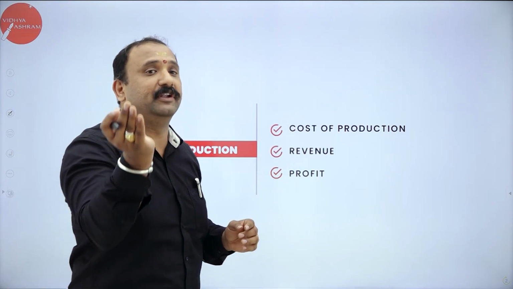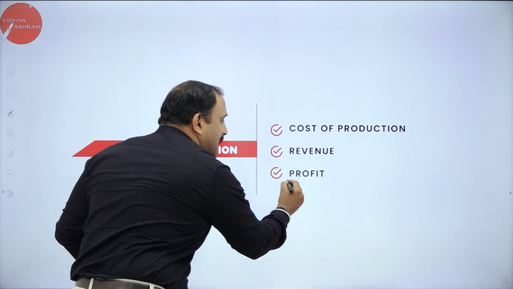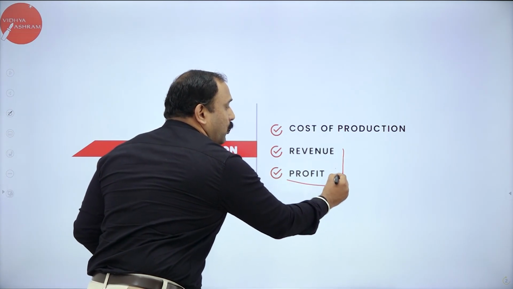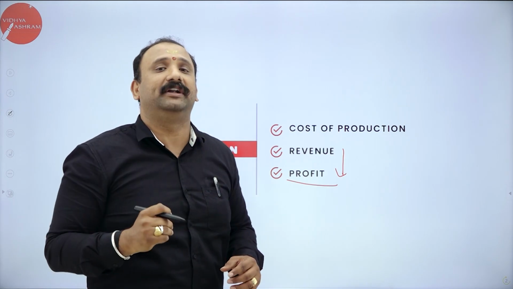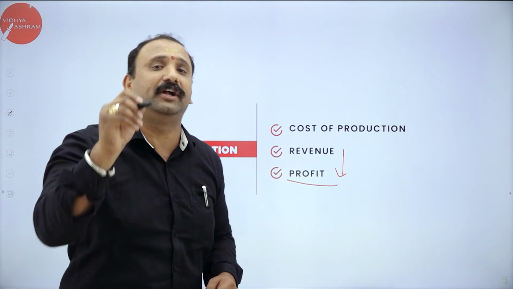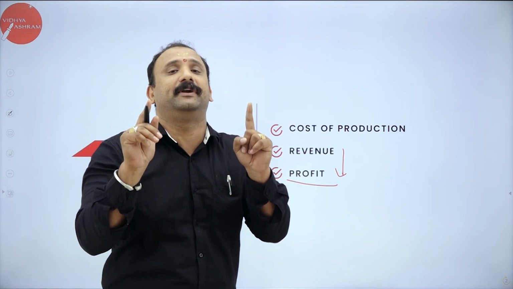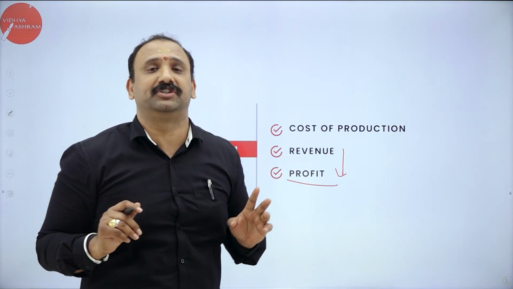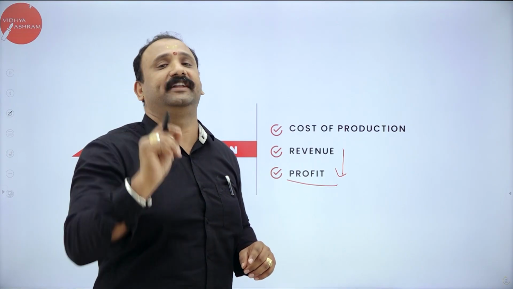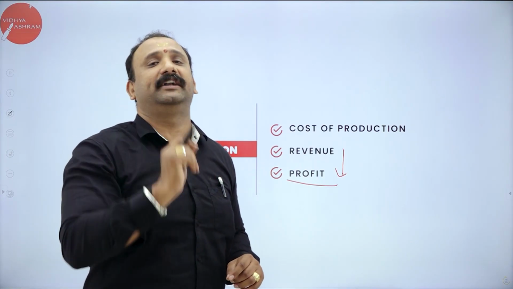Now, from the revenue, we are going to understand the word profit. Why? After you start understanding the word revenue, the most important word for any entrepreneur in this world is profit. If anybody asks you this question, why did you start an industry? Why did you start a business?